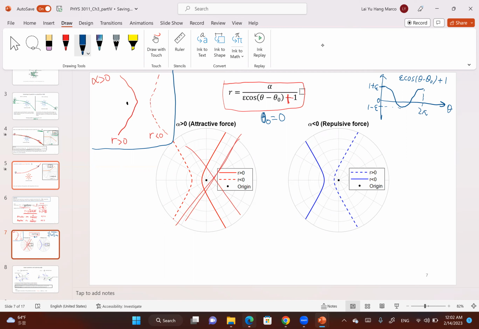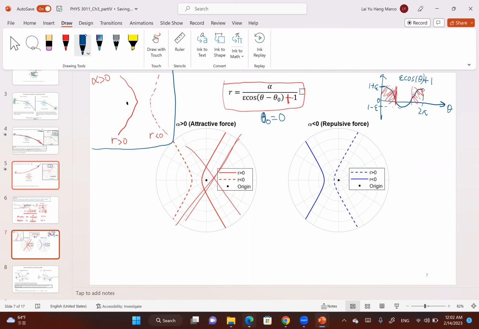Over this range and this range, epsilon cosine theta plus 1 is positive. Otherwise, it's negative.